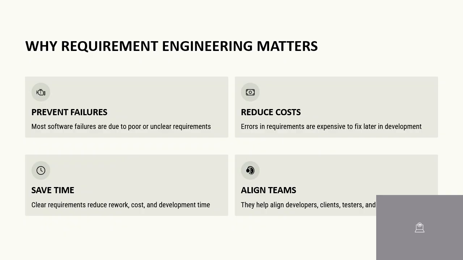Second, it helps reduce costs because fixing requirement mistakes later in development can turn out to be very expensive. Third, it helps save development time since clear requirements will reduce rework. Finally, it helps align all stakeholders. Who are the stakeholders? Including developers, testers, managers, clients, etc.